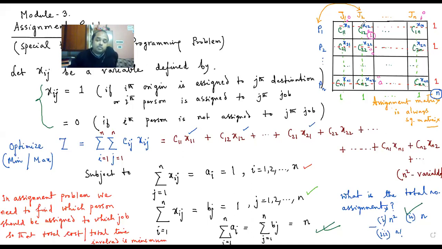In other words, one and only one person is supposed to do one and only one job. So it is a one-to-one kind of assignment. Therefore, the total number of assignments must be equal to the order of the matrix, that is n. So when you get this particular assignment, you will understand that, okay, my job is done and I have got my optimality.